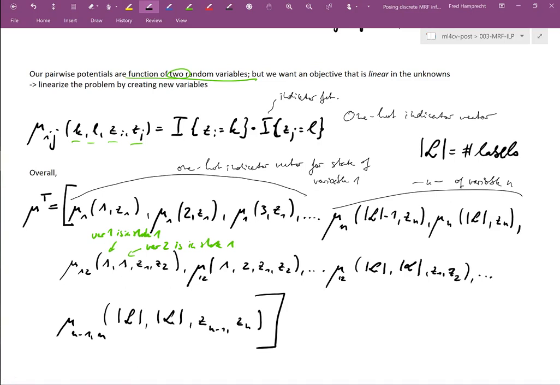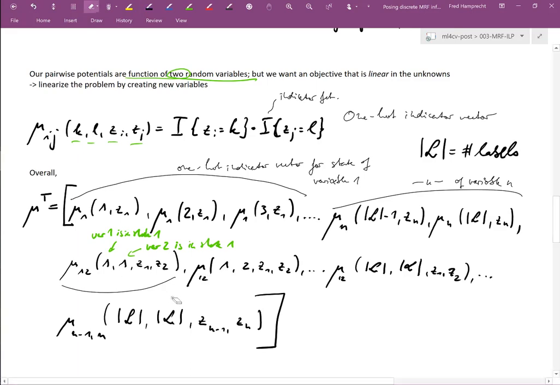So this guy here says it is 1 only if variable 1 is in state 1 and variable 2 is also in state 1. This one is on only if variable 1 is in state 1 and variable 2 is in state 2. And so on.